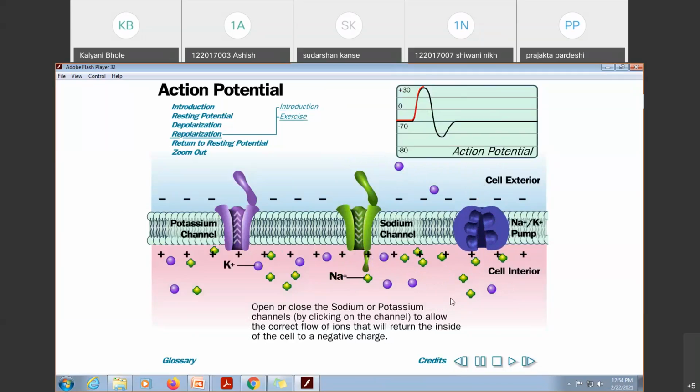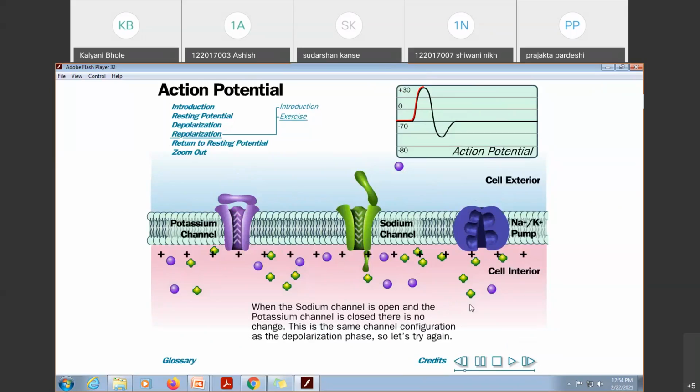Ma'am, repolarization occurs by the sodium potassium pump, as it allows 2K plus inside and 3Na plus outside. Okay. Ma'am, is it correct? Yes.